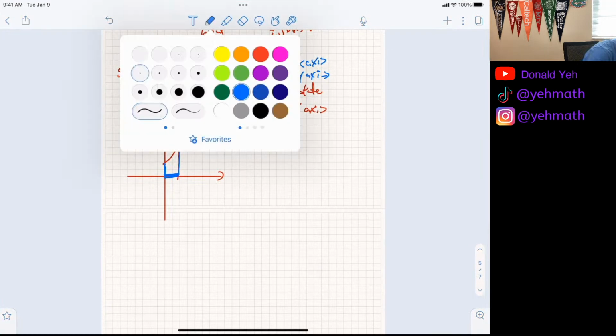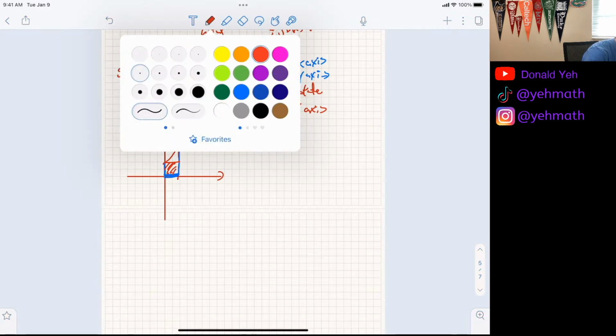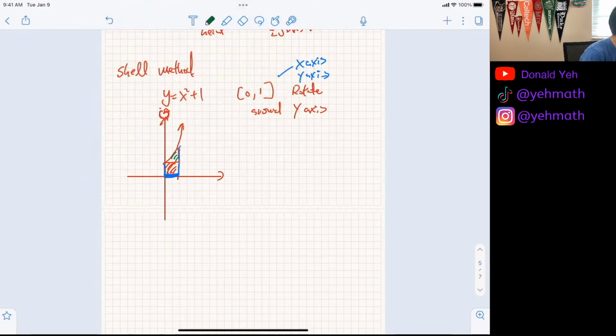You should have a red region that is gonna be a disk. You should have a green region that should be a washer. And since we're rotating around the y-axis, sorry.